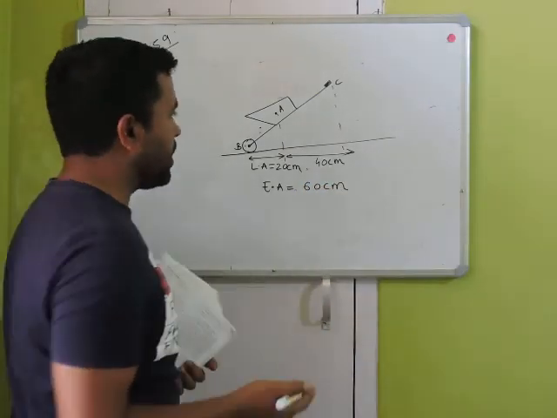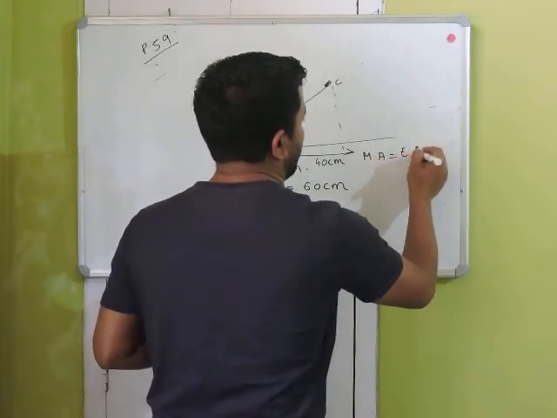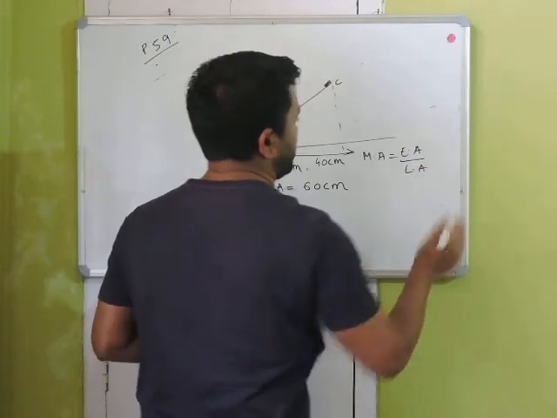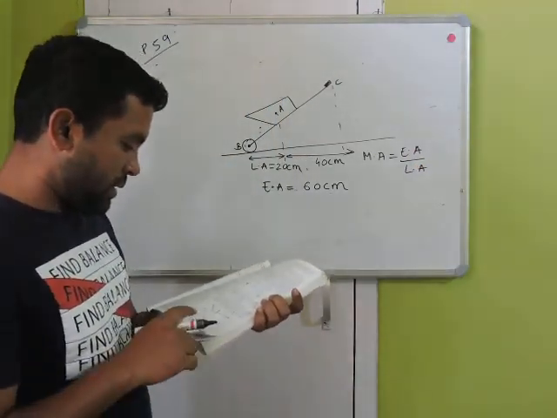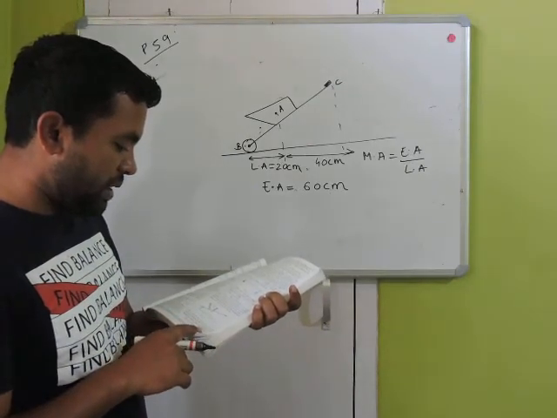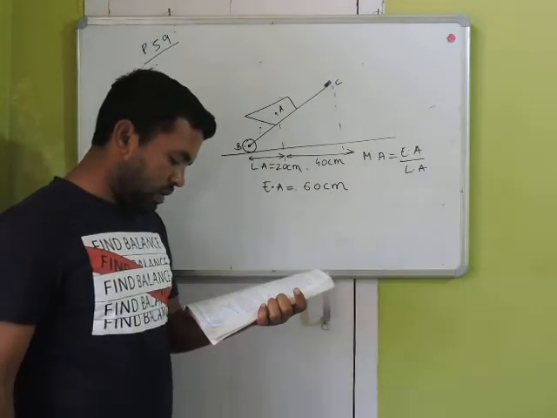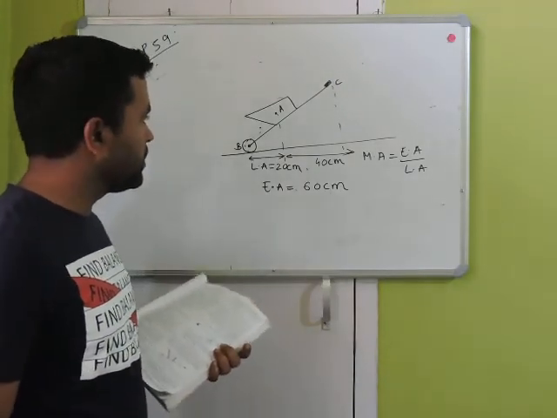Mechanical advantage you all can calculate. Mechanical advantage is effort arm by load arm, and you can calculate that. Then the minimum effort required to keep the leg just off the ground. So what is the minimum effort needed?